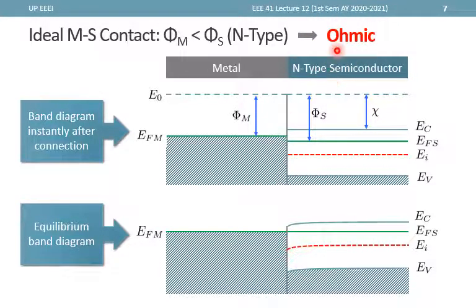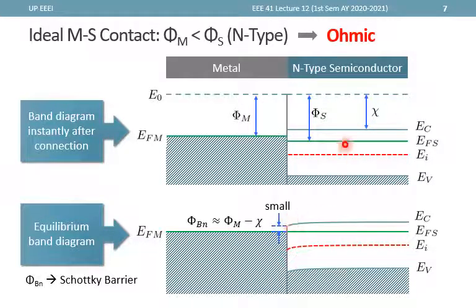Why is it non-rectifying? Since if I look from this side at thermal equilibrium, there is actually no barrier at all. So the electron here can easily drift to this side right here. However, from the metal, it still sees some Schottky barrier, but this time it is much smaller.